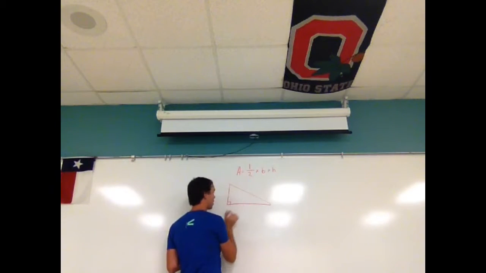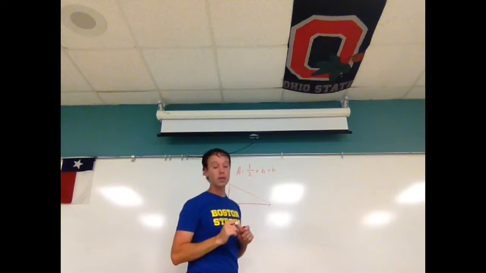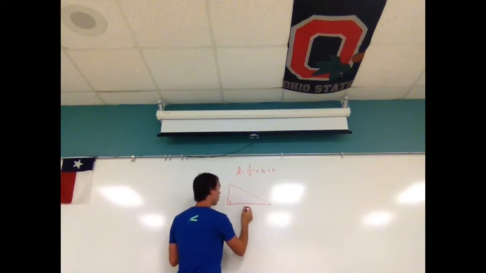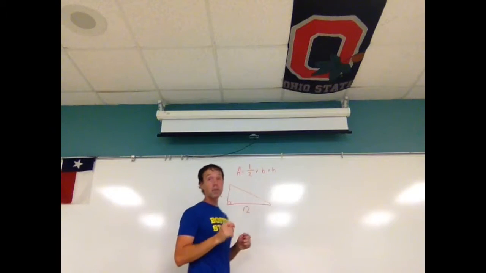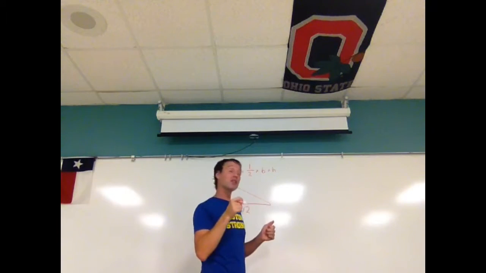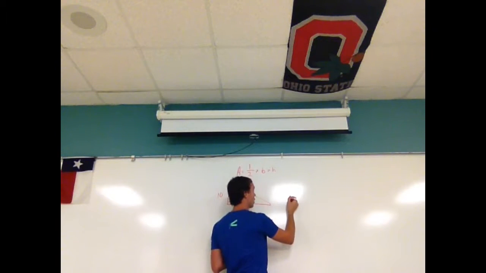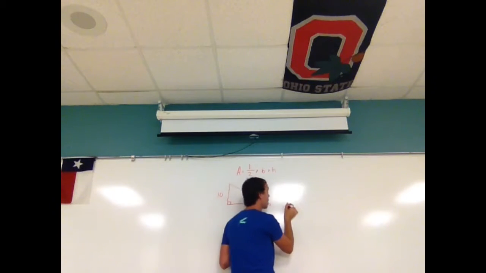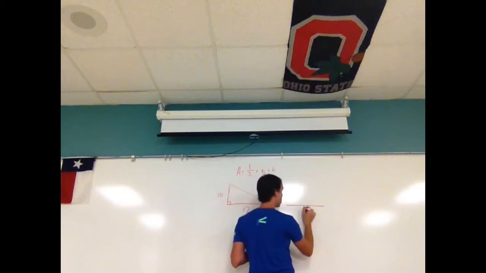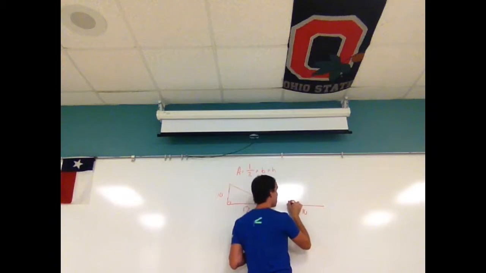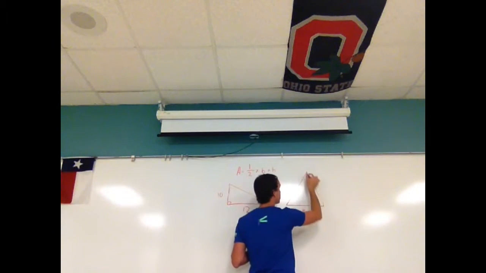So, here's how this formula works. I've got a right triangle here. We're going to call this part 12, and this part 10. I'm also going to show you another shape, which is also a triangle. We'll call this one 10, and we'll make it an isosceles triangle, like that, so it's dotted.